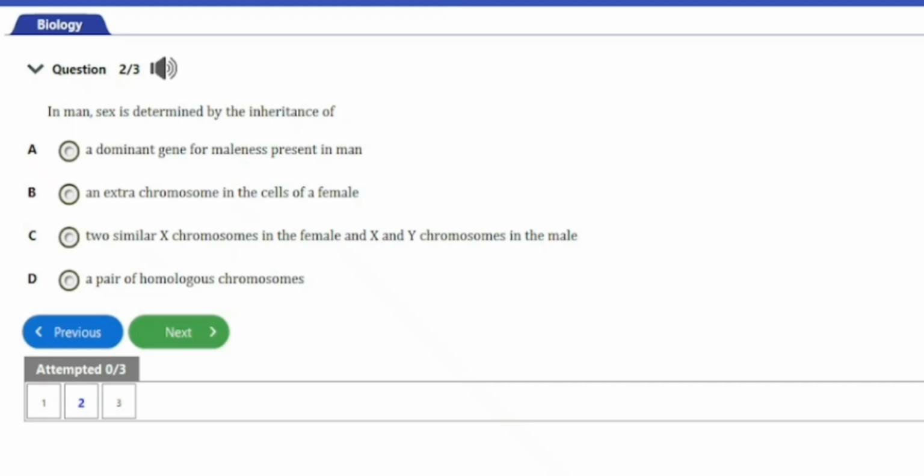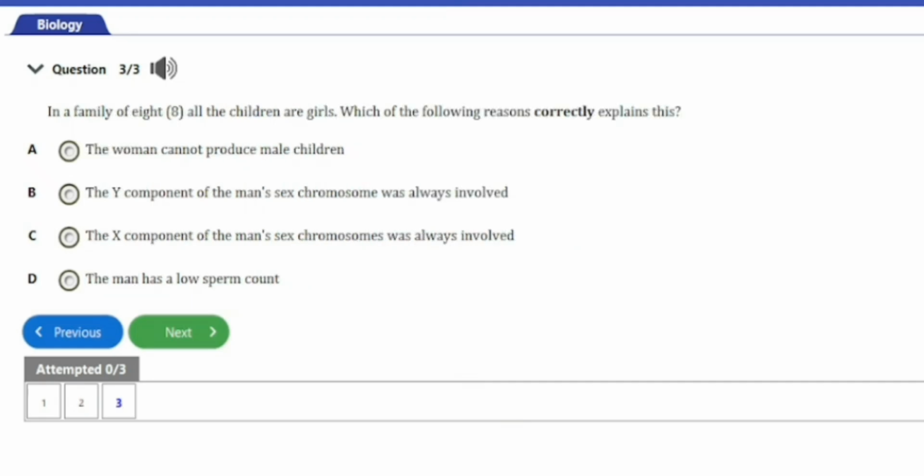So let's check out the next question, question number 3. The question says, in a family of 8, all the children are girls. Which of the following reasons correctly explains this? A. The woman cannot produce male children.